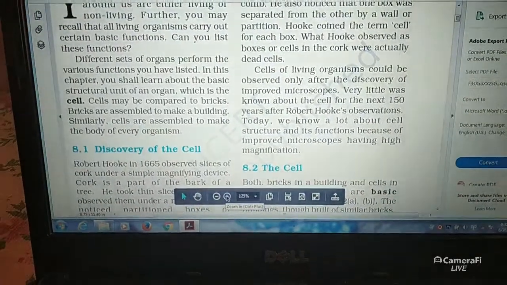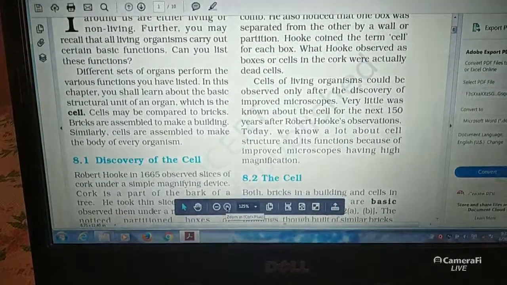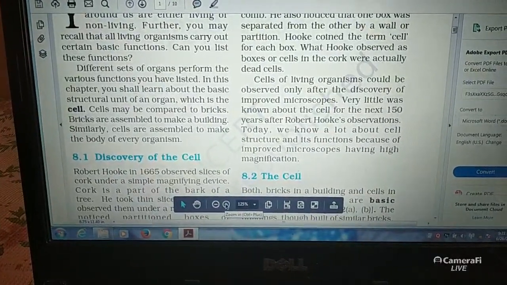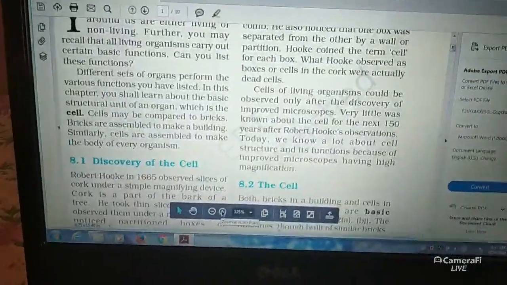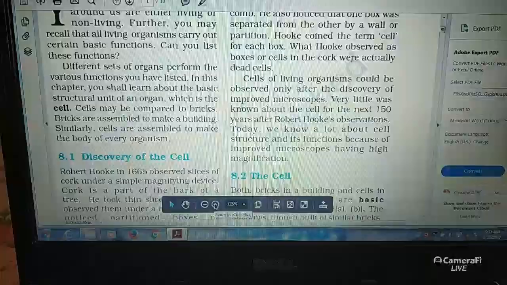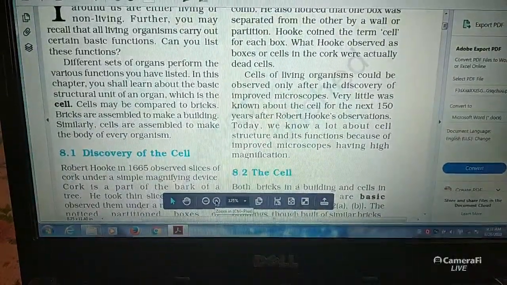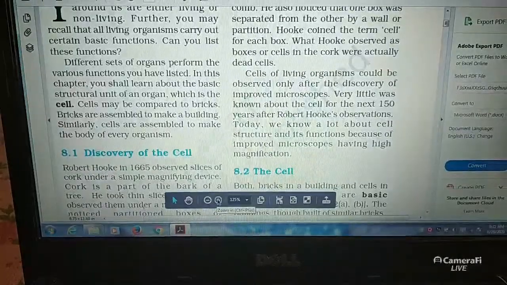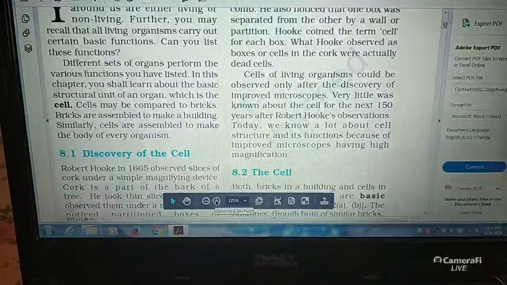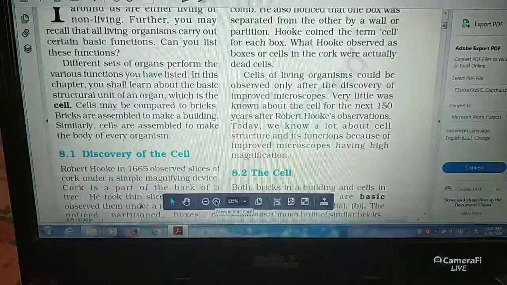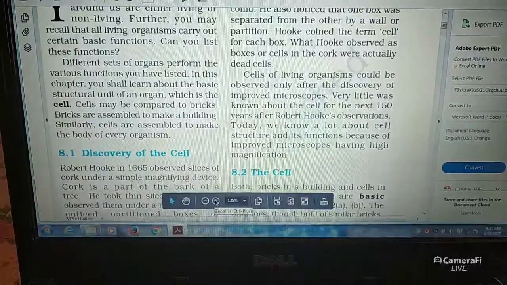So we can compare the bricks as cells, and when the cells are together they form tissues, means when the bricks are together they form the wall, and after that the walls together form an organ.